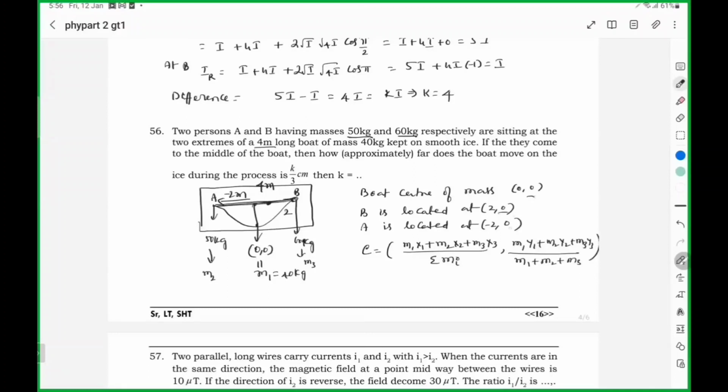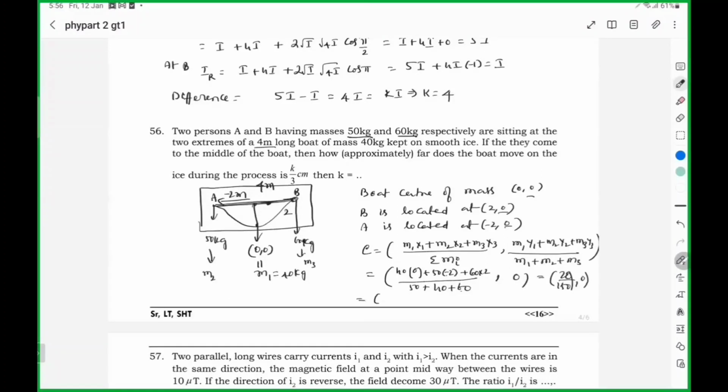Here all y coordinates are 0. So 40 into 0, 50 into minus 2 plus 60 into 2, by 50 plus 40 plus 60, which is 100 minus 120 by 150.